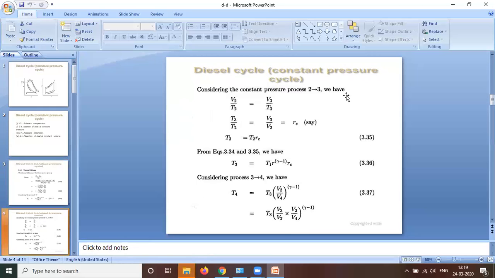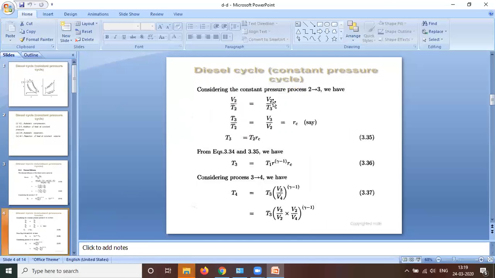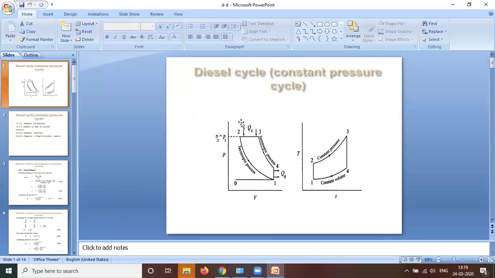Similarly, in process 2-3, the pressure is constant. Then we can write V2 by T2 is equal to V3 by T3, and T3 by T2 is equal to V3 by V2, which is nothing but rc. Here rc is known as the cutoff ratio: V3 by V2 in process 2-3 is the cutoff ratio.